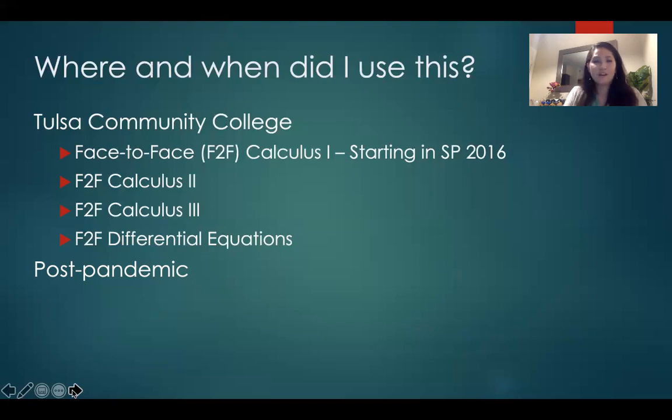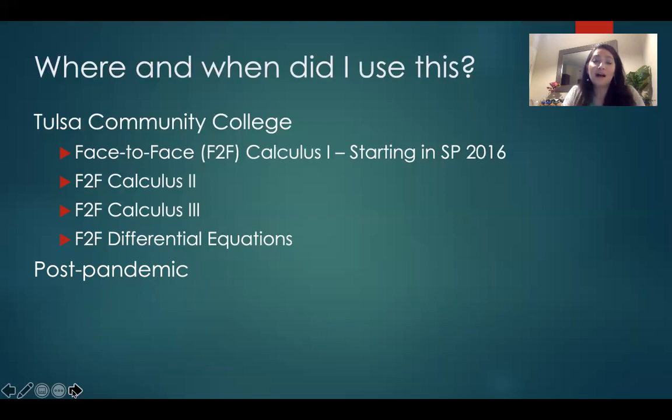So there are 2 publishers that we tend to use at TCC. We use Pearson for our pre-calculus courses, and we use Cengage and WebAssign for our calculus courses. And our differential equations textbook is currently a Pearson textbook, so we use MyLab Math for that as well.